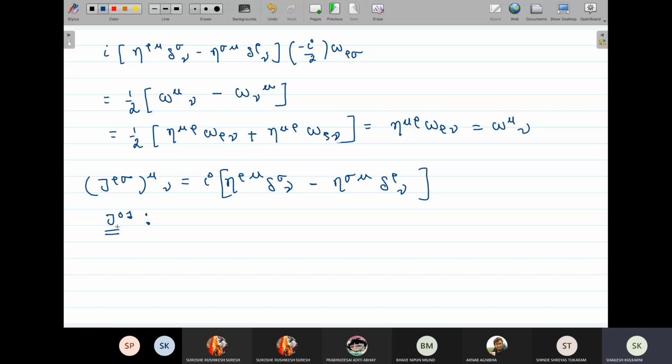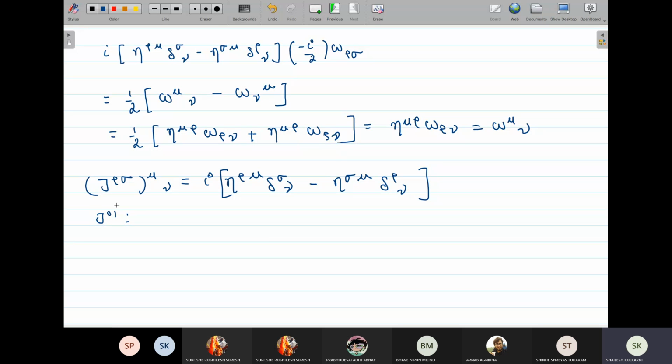So what should this be? This should represent the generator for a boost along the x1 direction, right? Because this will come with omega 01. So I'm concentrating on J01 now and let us see what it gives as a matrix.